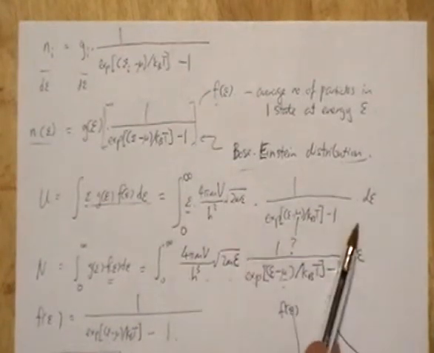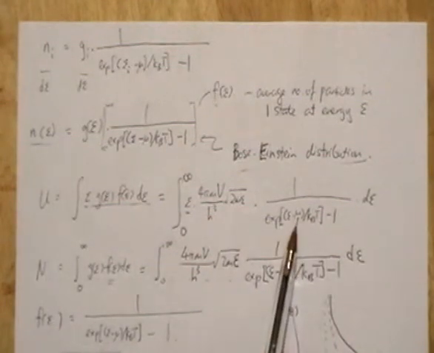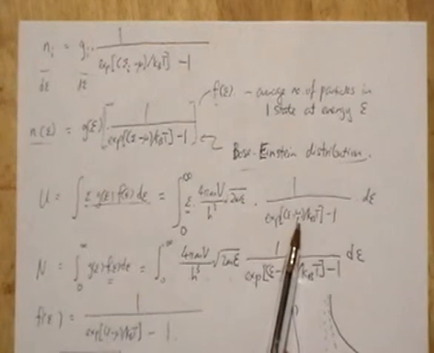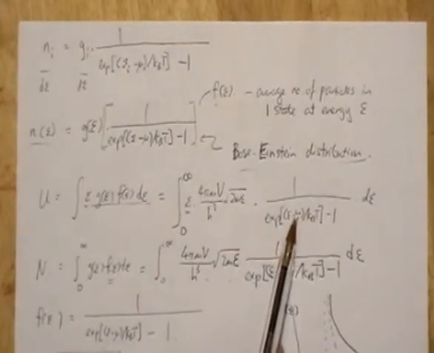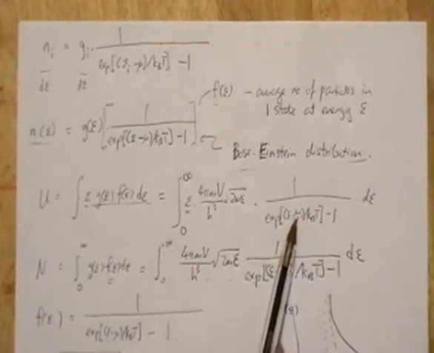And remember that we were not able to integrate this because we did not know what mu was. Now we know, well, not completely, but we know that mu is 0 below the Bose-Einstein condensation temperature. Let me say that again. We know that mu is 0 below the condensation temperature.